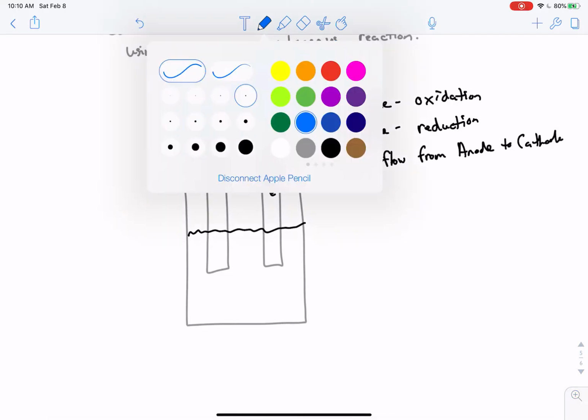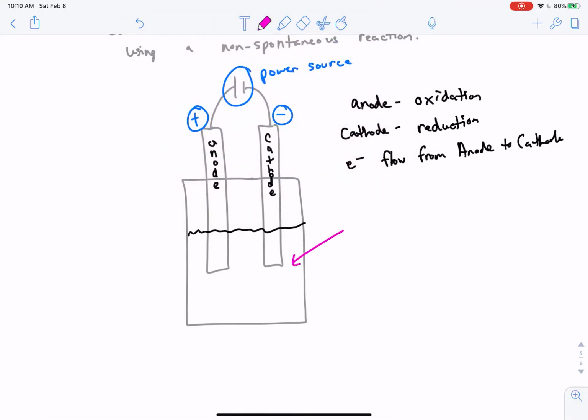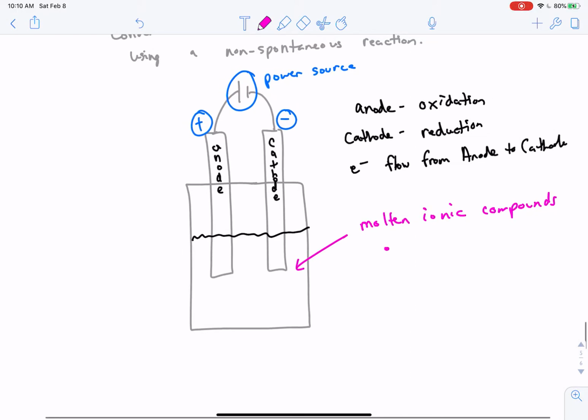So for this, the species in this solution will be only molten ionic compounds, okay? Which is good news for you because it keeps things very simple. Now, when I say that, why does it have to be molten? Free moving ions.